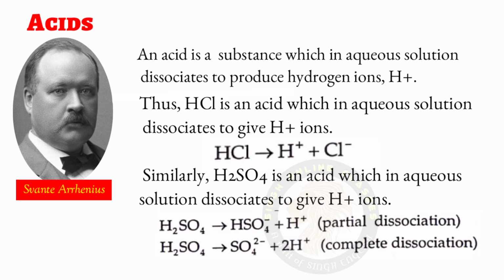HCl, when it breaks down, gives H+ and Cl-. But keep it in your mind, it must be an aqueous solution. Similarly, H2SO4, when it breaks partially, gives HSO4- and H+. But in complete dissociation, H2SO4 breaks down into SO4 2- and 2H+.